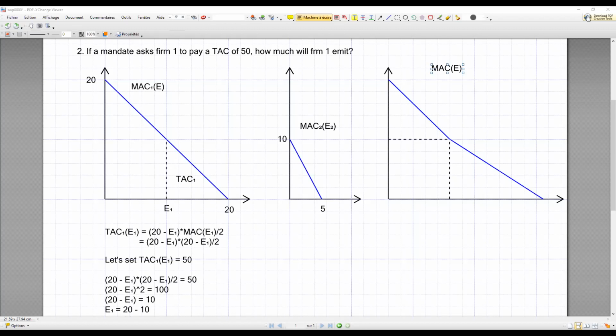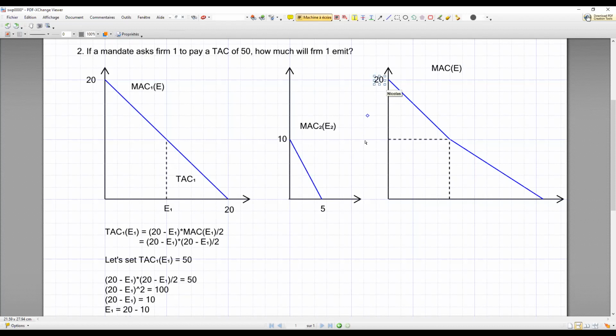Okay, so let us fill in some values there. What's the value here? Are you sure? Yeah, it's 20. This is the highest possible abatement cost.